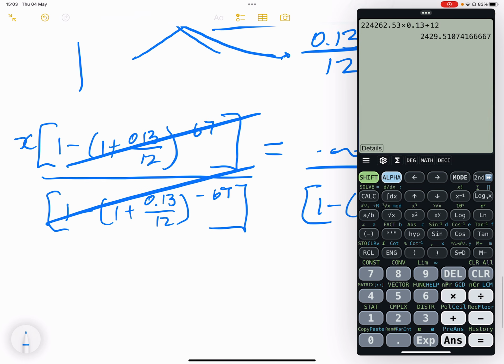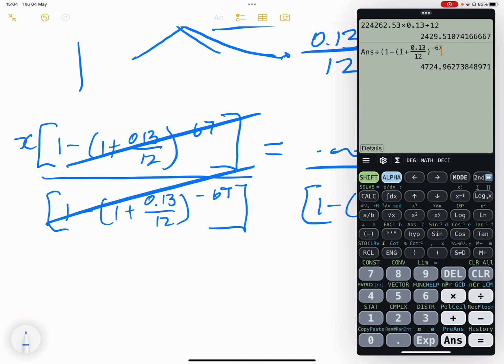So we've got that amount, and we're saying divide that by 1 minus, and I'm going to open bracket again, 1 plus 0.13 over 12, close that bracket, to the power of minus 67.